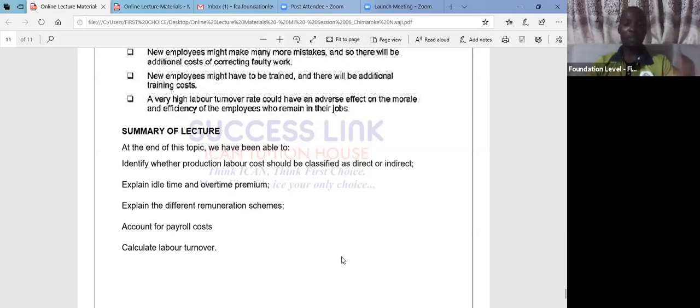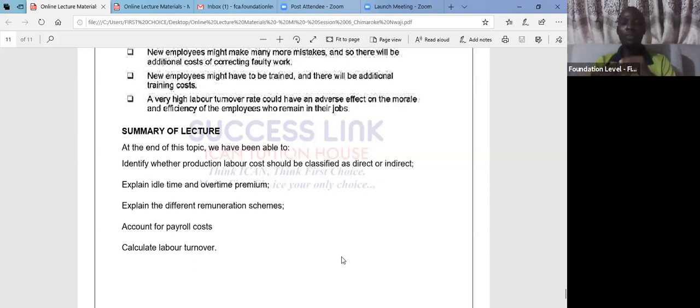They may be supervisory role, they may be admin staff, all of that. We've seen that there are two exceptions to how we classify direct labor. We saw it in idle time and in overtime premium.